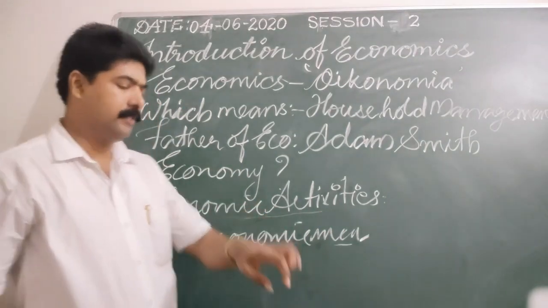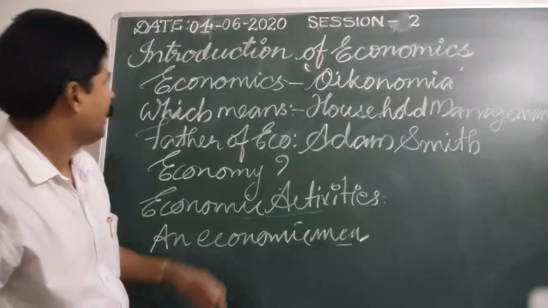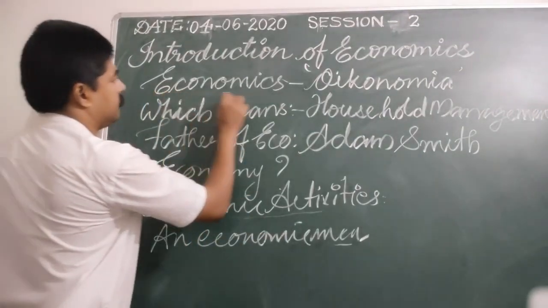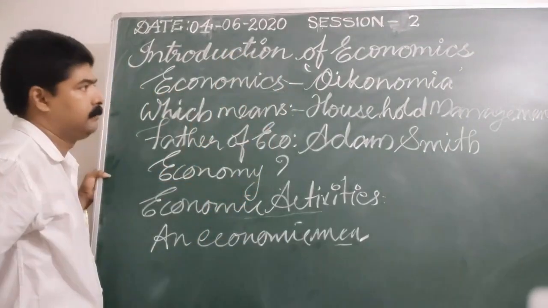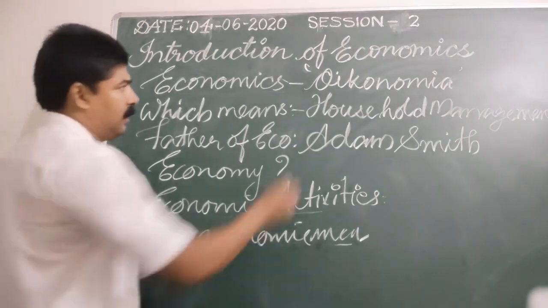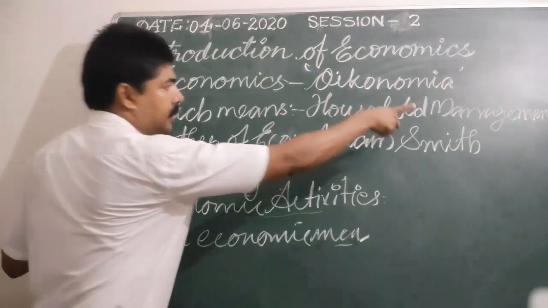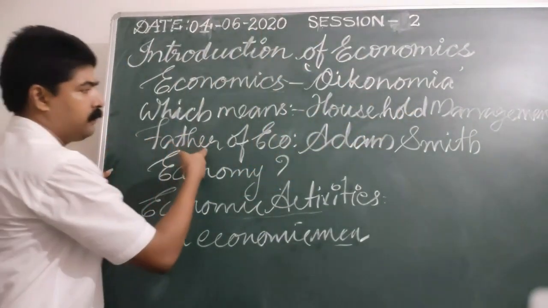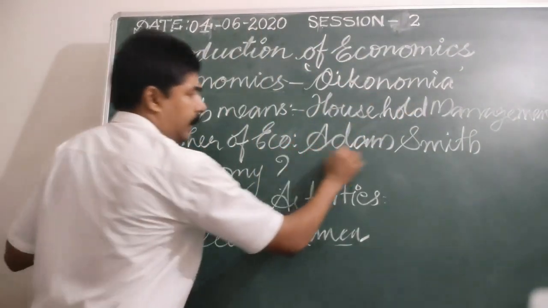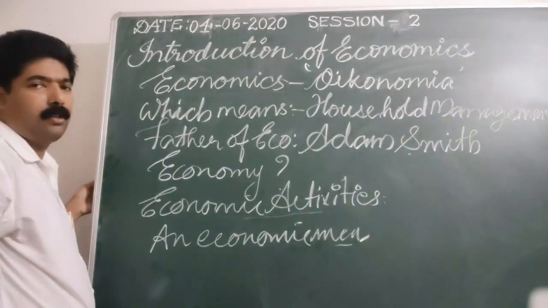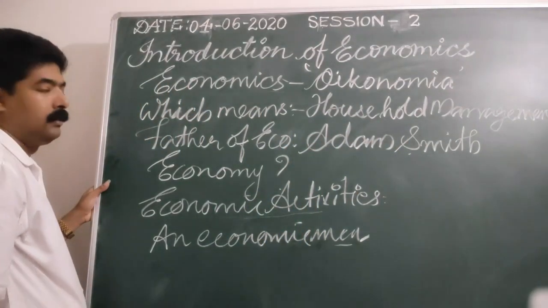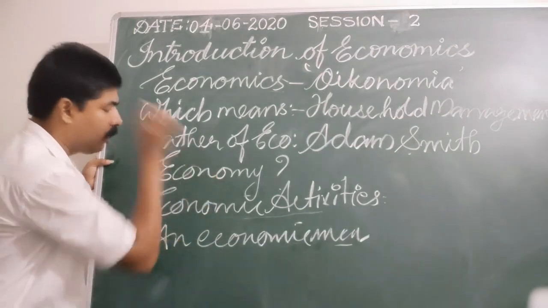So we have discussed here what the term economics is. It originates from the Greek word oikonomia, which means household management. Who is known as the father of economics? Adam Smith, the greatest Scottish philosopher and economist. What is meant by economy?